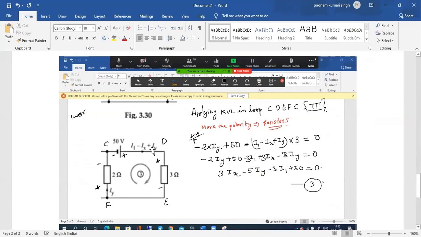So I1 minus Ix plus Iy multiplied by 3. So minus is drop. When I solve this, I get 3Ix minus 5Iy minus 3I1 plus 50 equal to 0. Is it fine, students?